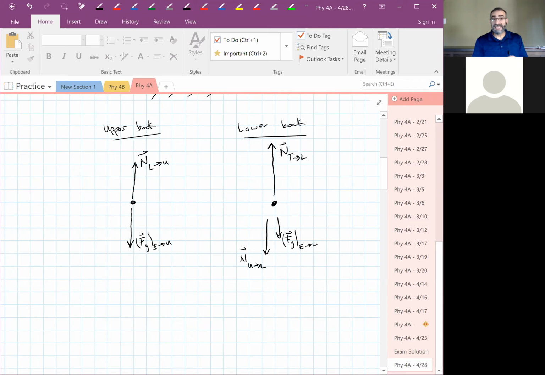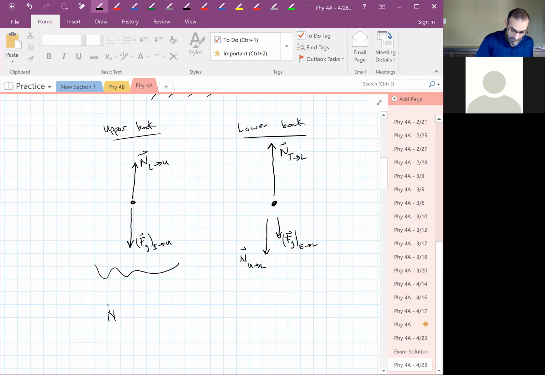So if something is at rest, we know for certain there can't be a net force acting on it. So if we look at this first diagram here, what does that tell us about those two forces? They are equal in magnitude and opposite in direction.